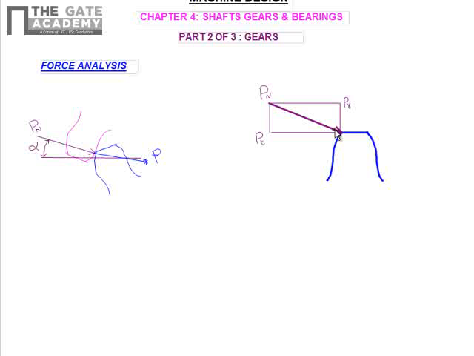Pn is a normal force exerted by the driving gear tooth on the driven gear tooth.